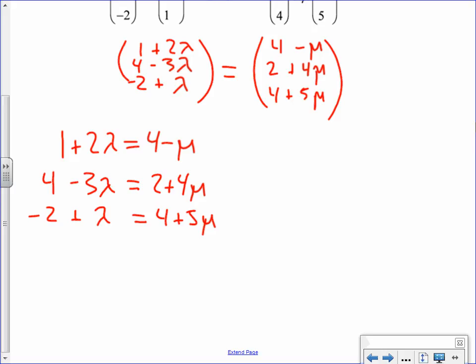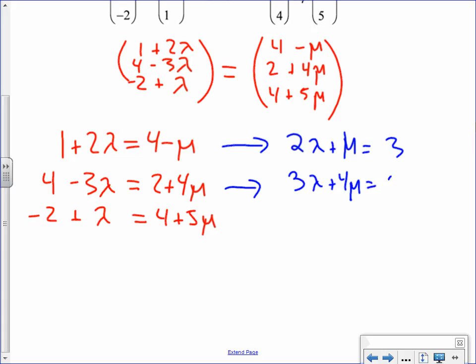And then putting the lambdas and mu's together, 2 lambda plus mu equals 3. How about we just move the lambda on this side? So 3 lambda plus 4 mu equals 2, and then lambda minus 5 mu equals 6. Since there are only 2 variables, you only need to solve 2 equations at a time. So let's solve the first 2.